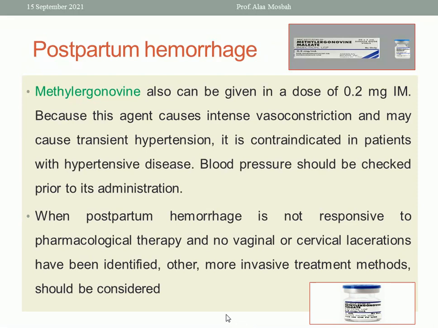If still bleeding, not responsive, and no vaginal or cervical laceration, of course, if there is cervical or vaginal laceration, it should be repaired.